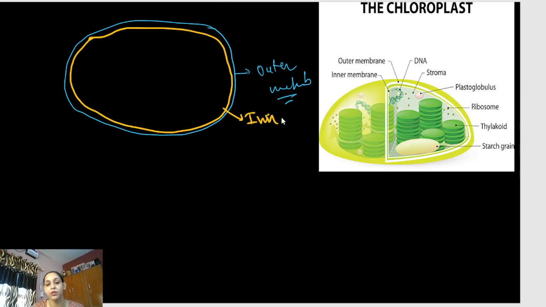Inner membrane is less permeable than the outer membrane. This is inner membrane. This is outer membrane. Some disc-like structures are present in the chloroplast, like this. These are the thylakoids.